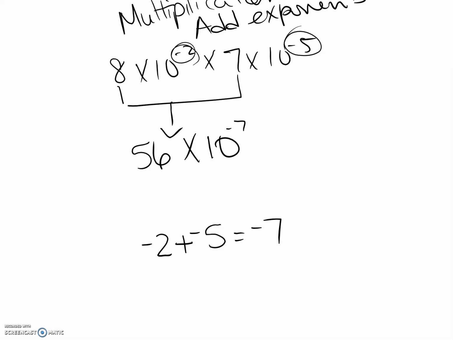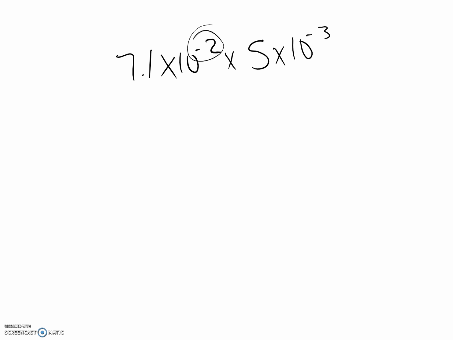Make sure that you have all this work in your notes. It's very important to understand how we determine the number or our exponent number. In our second one, we have 7.1 times 10 to the negative second times 5 times 10 to the negative third. Again, you're doing multiplication, so you must add our exponents.